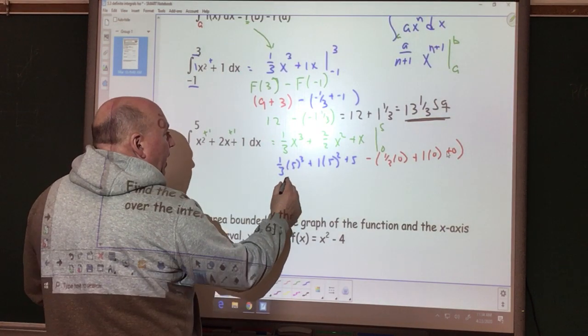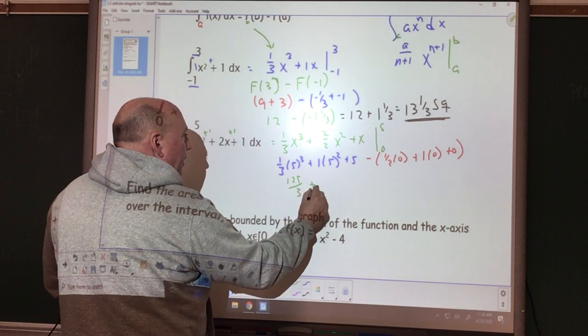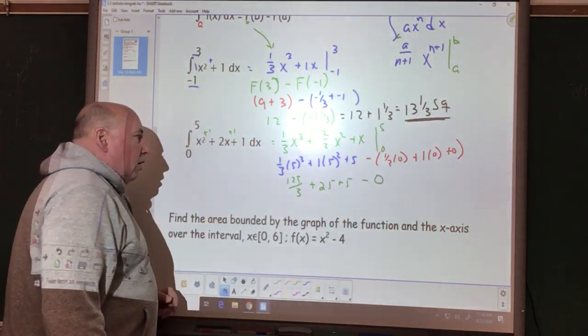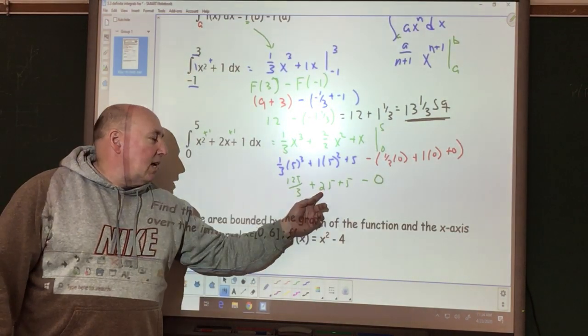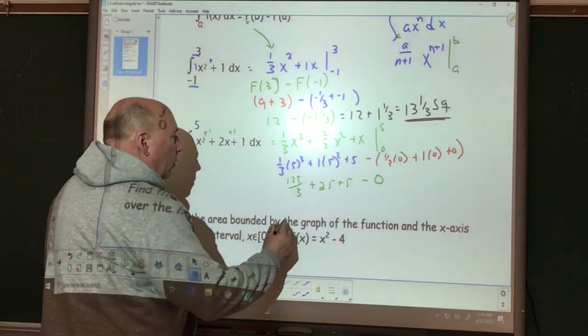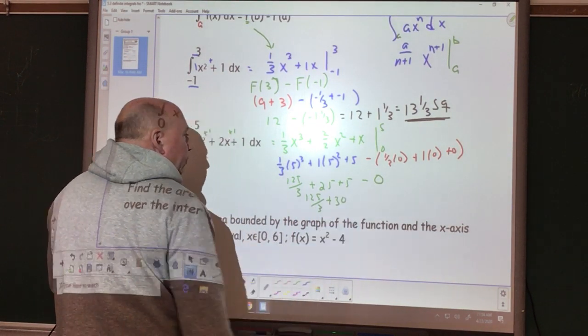So we take a look here. We have 5 cubed, which is 125 thirds, plus 25 plus 5 minus a value of 0. So now we just have to evaluate. We have 30, 125 thirds plus 30.